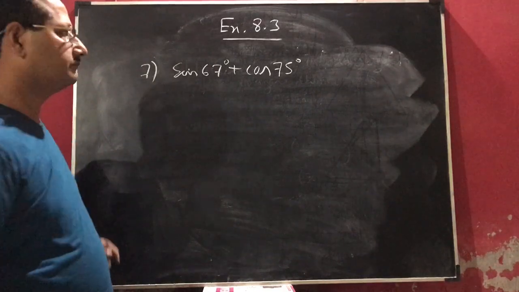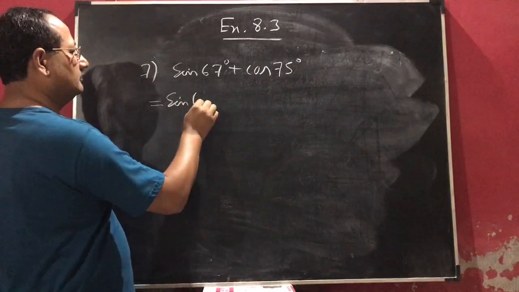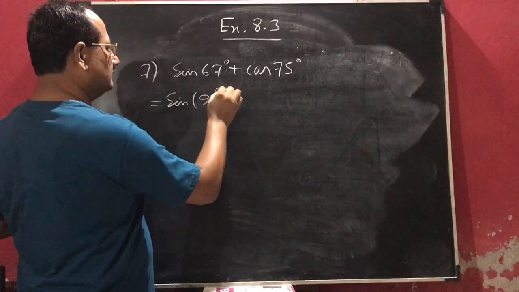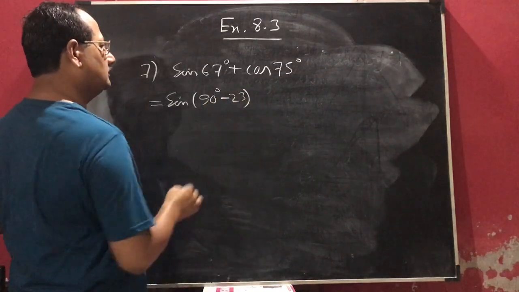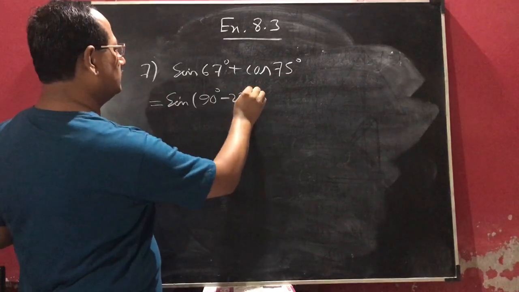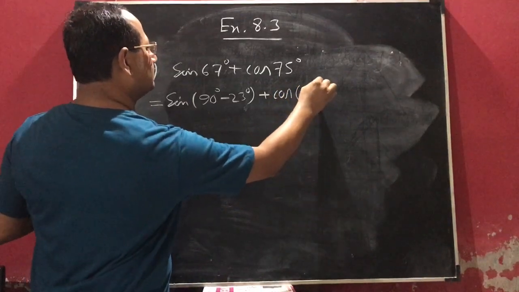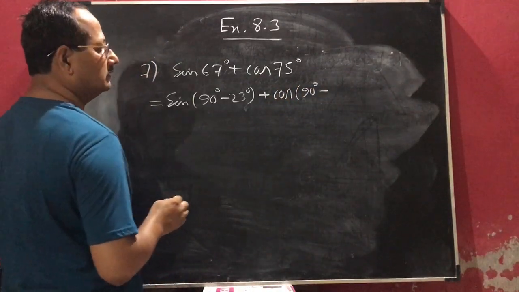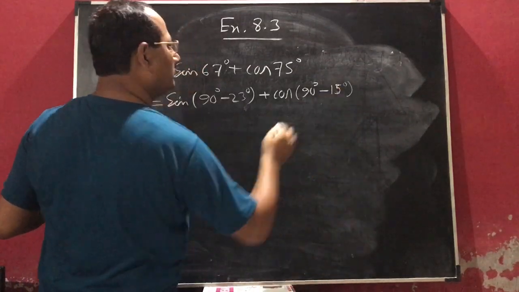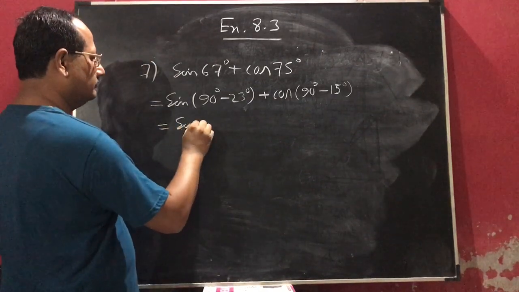Okay? Sine of 90 minus 23, that is 67, and cos of 90 minus 15 degree.